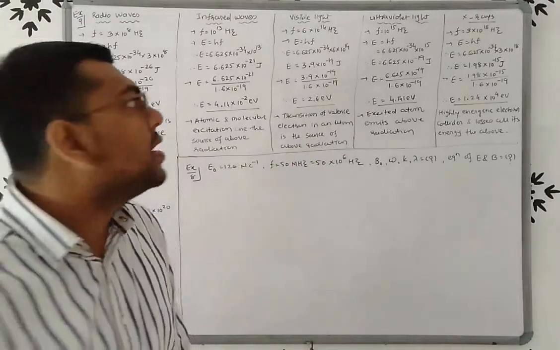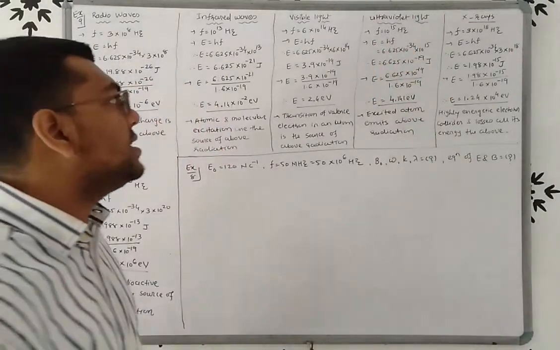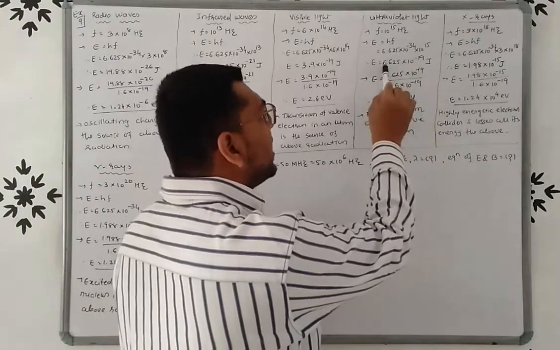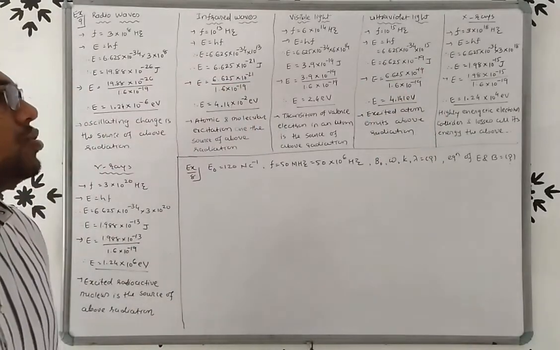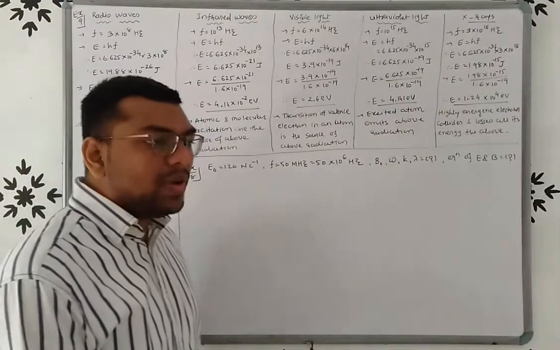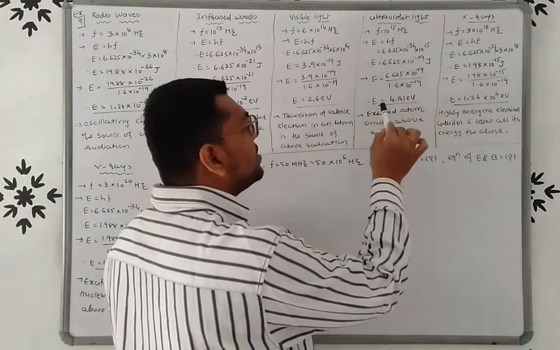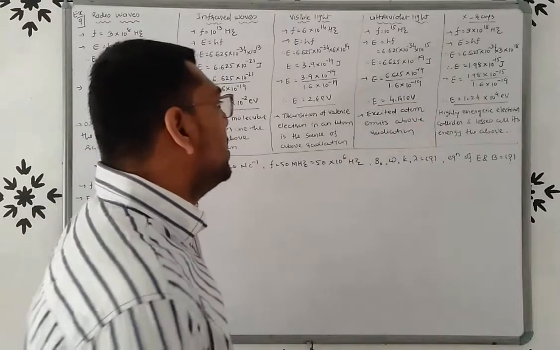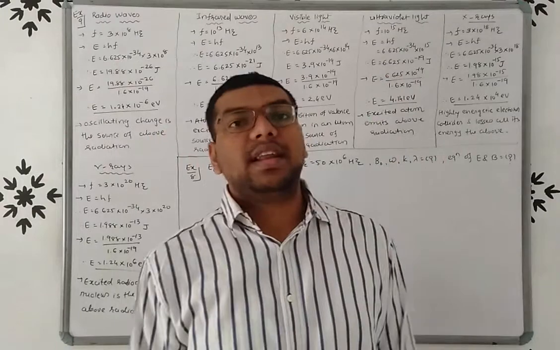Next, for UV light, ultraviolet light, the frequency is 10^15 hertz, so energy hf. So we get energy 6.625 × 10^-19 joule. To convert it into eV, divide by 1.6 × 10^-19, so we get energy 4.14 eV. The excited atom emits this radiation.